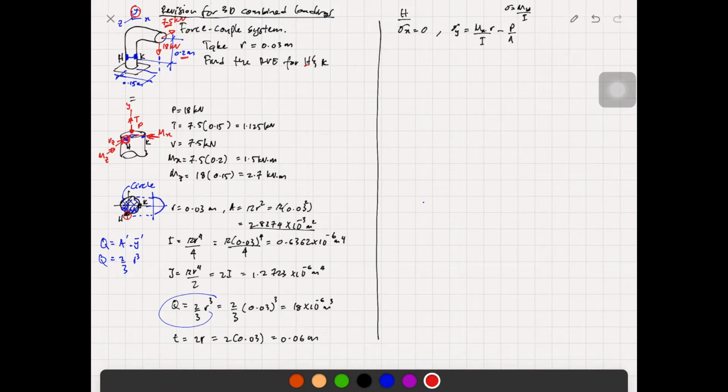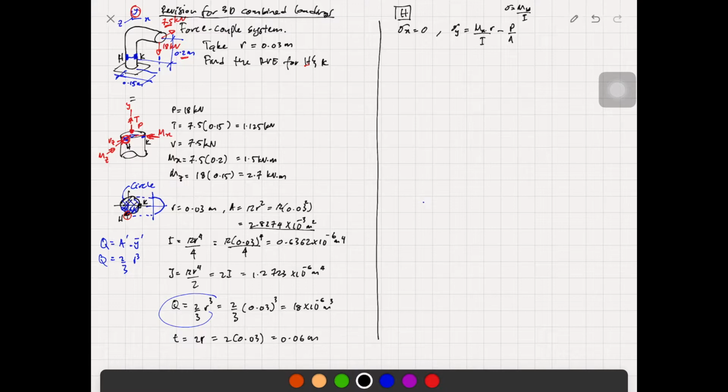Looking at the bending moment at point H, the 18 kilonewton is pushing point H downward. The normal stress is going to compress point H downward.